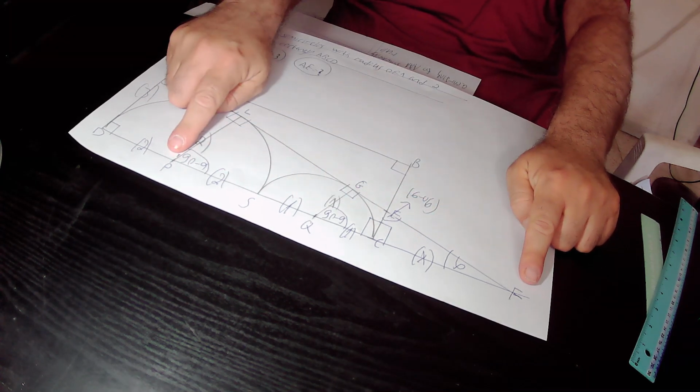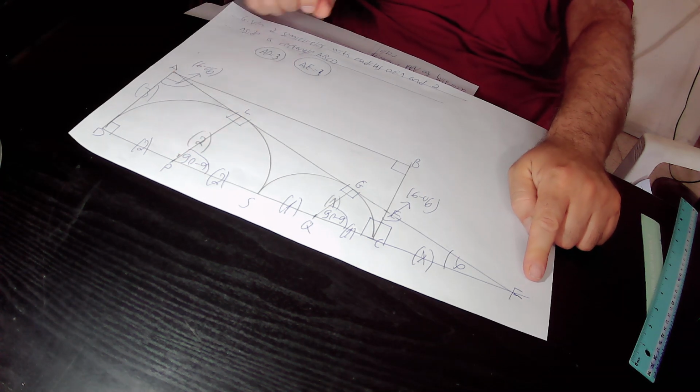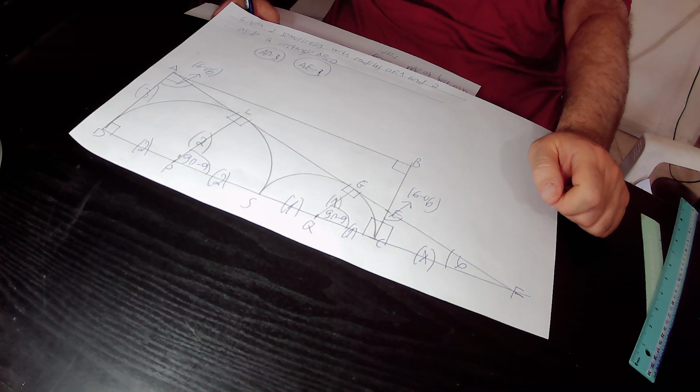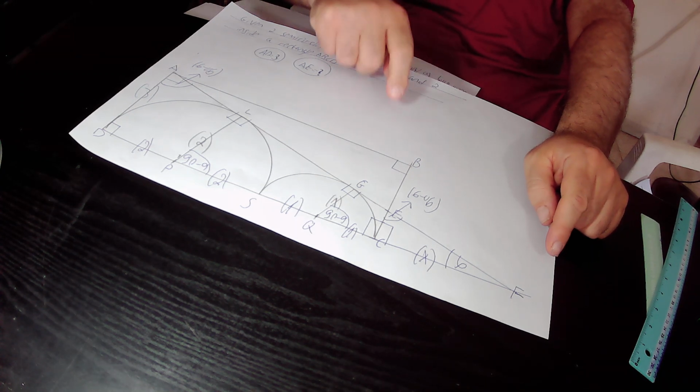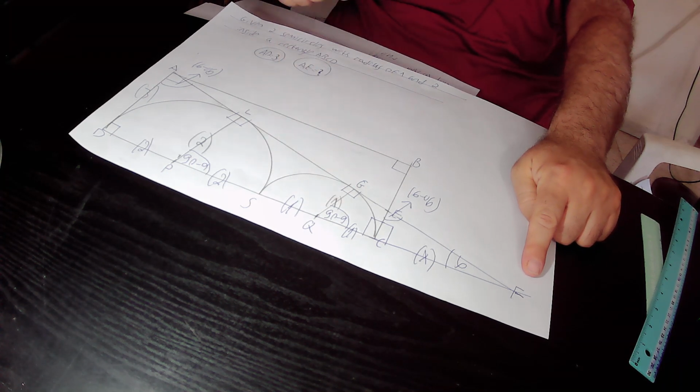PF in total equals 2 plus 1 plus 1, that is 4, plus x. Again, PF in total equals 4 plus x, over QF. QF in total equals 1 plus x.